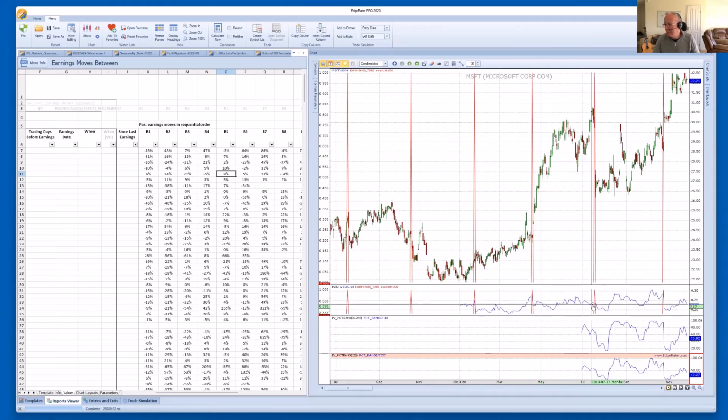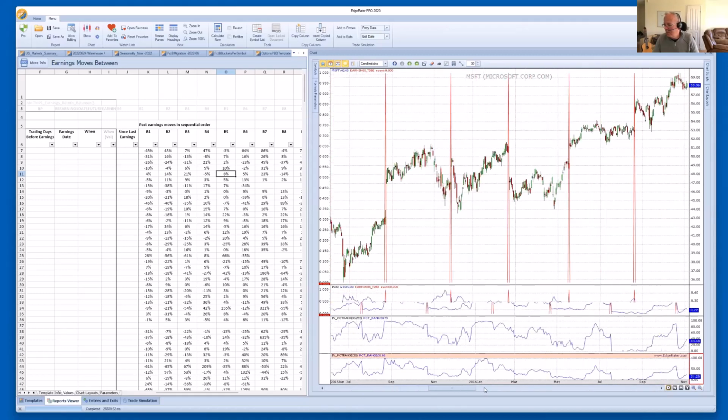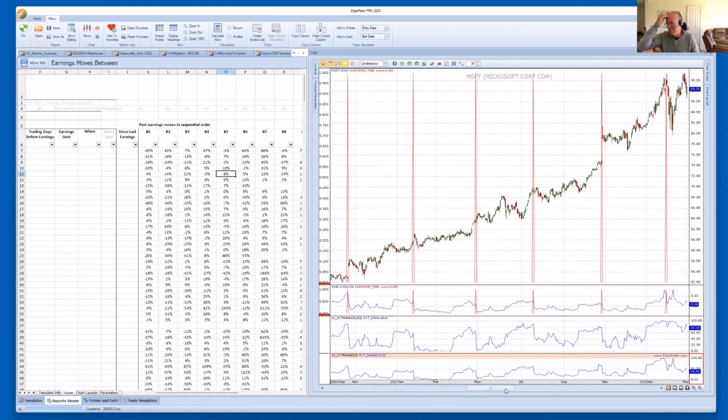Sometimes it doesn't really increase, but often there'll be a big drop off of implied volatility after earnings, which obviously makes a lot of sense. But I think adding trading days prior to earnings is a big deal. It'd be super interesting.